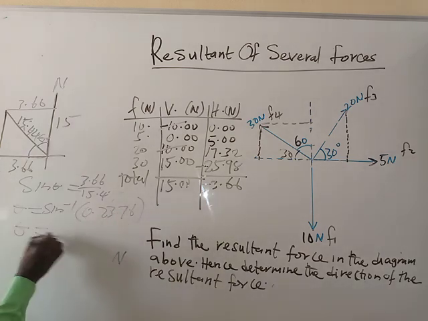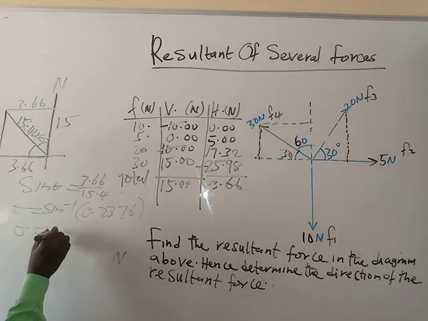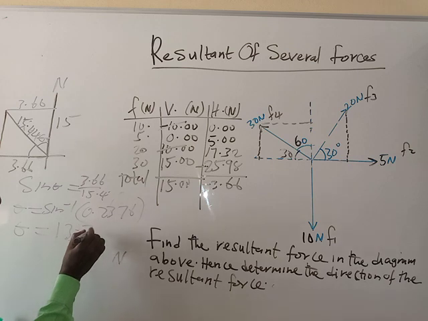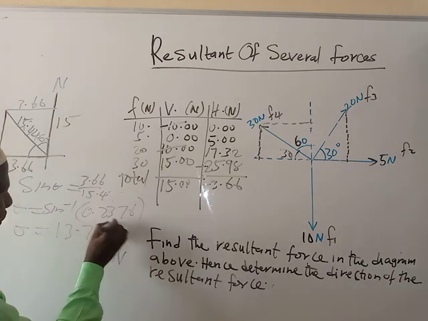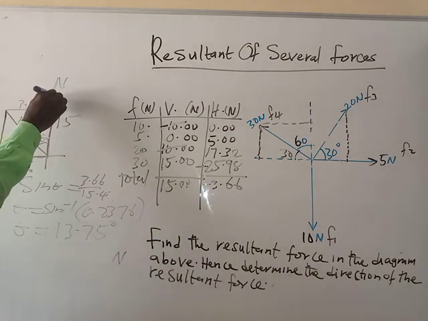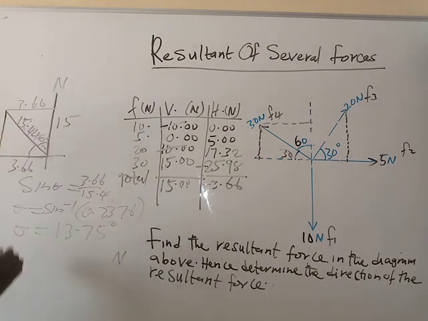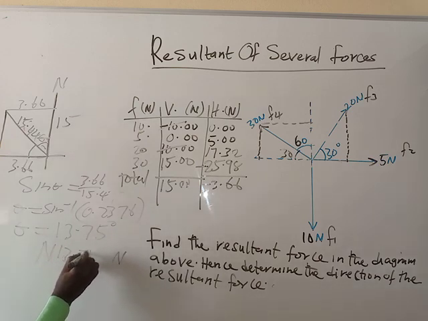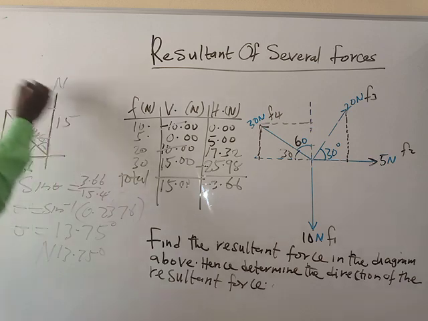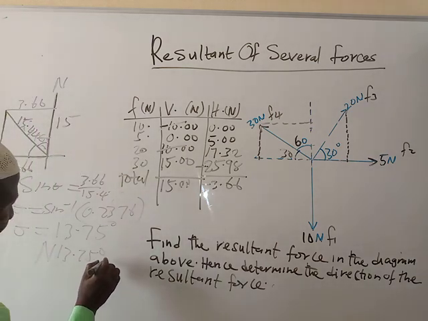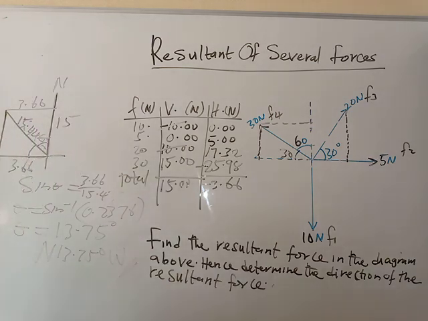Therefore, theta is equal to 13.75 degrees. Now, since we've calculated this one, it will now be 13.75 degrees what? West. So this is the direction of the resultant force. Very simple. So that's the end of the class for today.